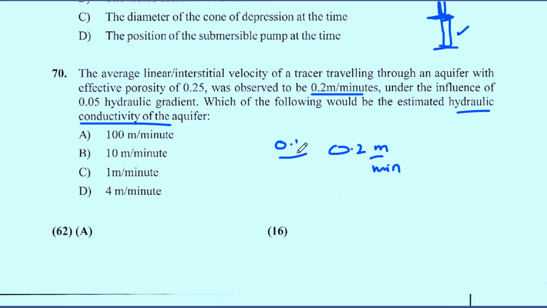First I will put 0.25 above, in another case below. Here 100 will cancel in the denominator, we will get 25 by 5, and we will get 5. 5 into 2 is 10, and one point will come now.